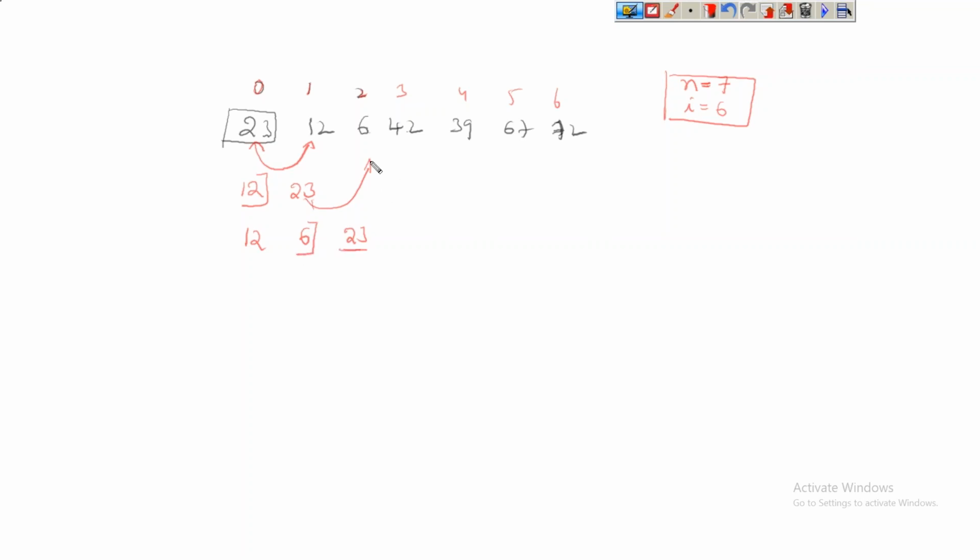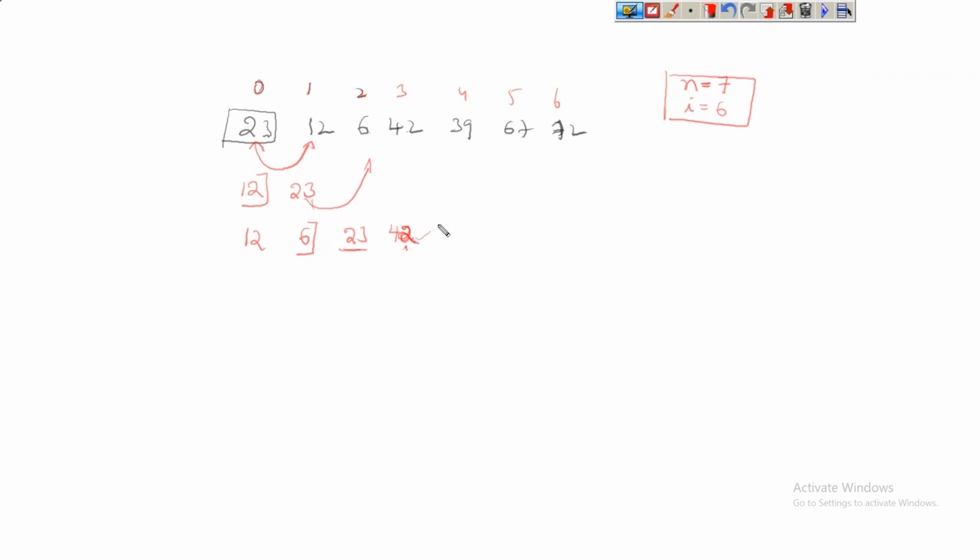Next to 23, what do we get? 23 and 42. Which is larger between these two? 42 is larger, so do not swap them. Let it be as it is. Next, take the element 42. 42 with 39. Which is larger here? 42 is larger, right?